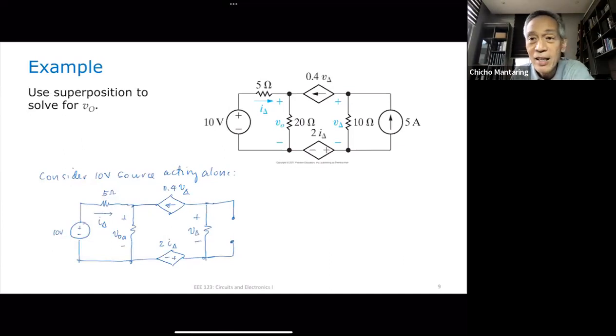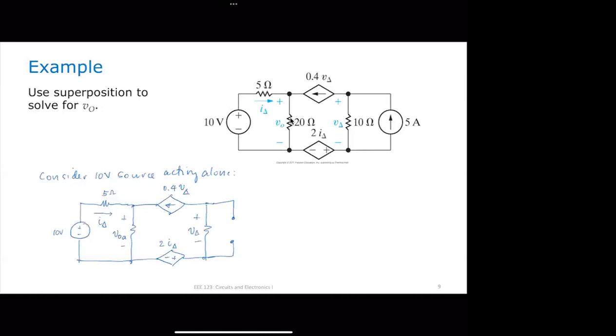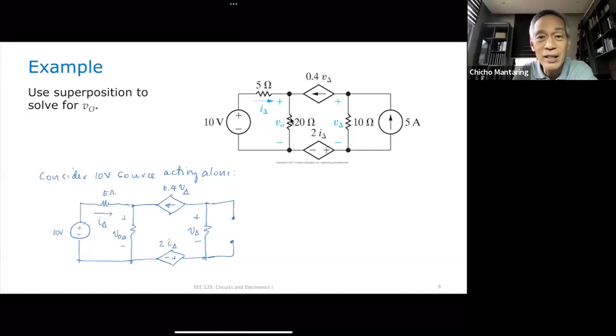How many essential nodes do I have? Two, sir. Yes, 2. That's right. I got the answer 2 also from a lot of people in the chat.